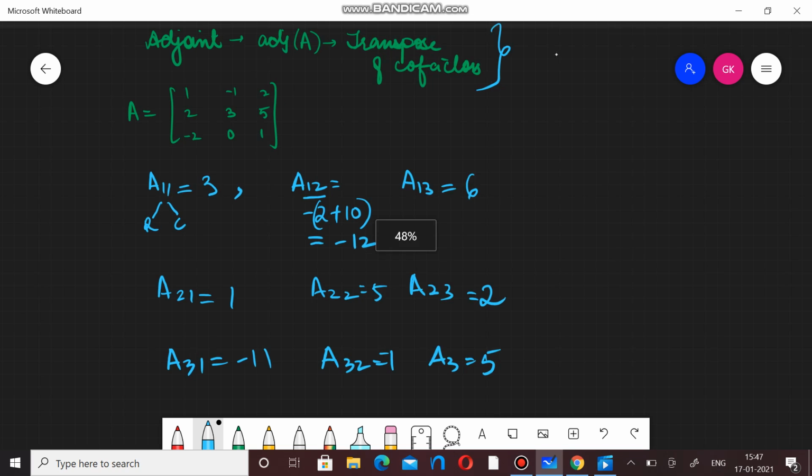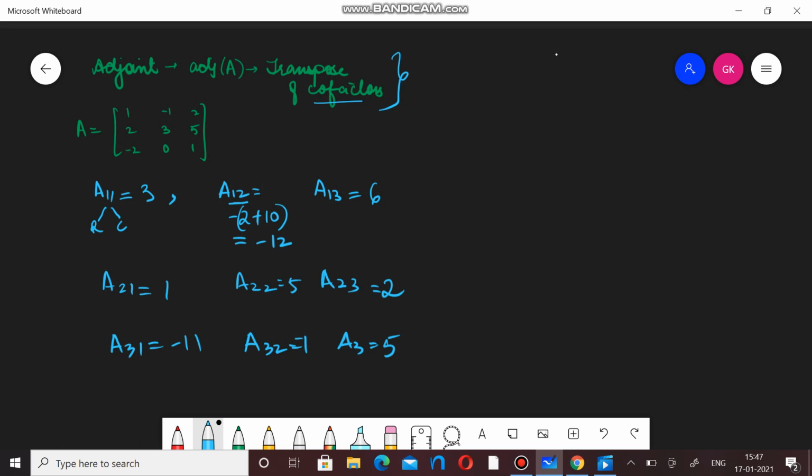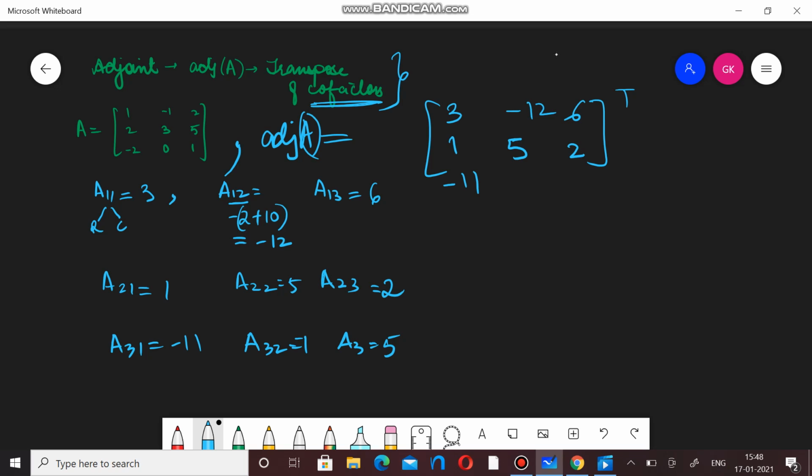So now the last step. What is the last step? After finding out the cofactors, what do you have to do? You have to take the transpose. So let's do the transpose of these elements. That is going to give you the adjoint. So adjoint A is actually the transpose of the cofactors. So 3 minus 12, 6, 1, 5 and 2, minus 11, minus 1 and 5.